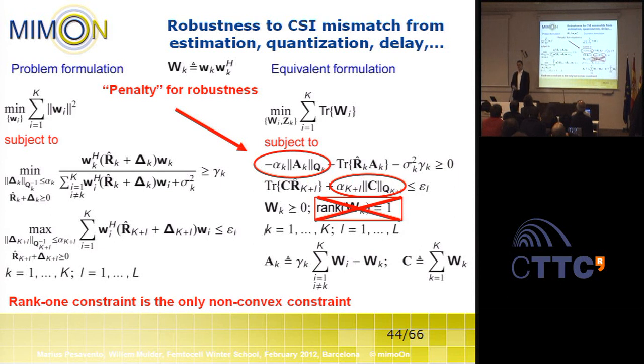We simply remove this non-convex constraint, and then we solve the resulting convex optimization problem. From this solution, if we get a rank 1 solution, we know that this solution is optimal, so we can take the beamformers from it. If this solution is not a rank 1 solution, then we need to perform further steps to find an approximate solution based on, for example, well-known randomization techniques.